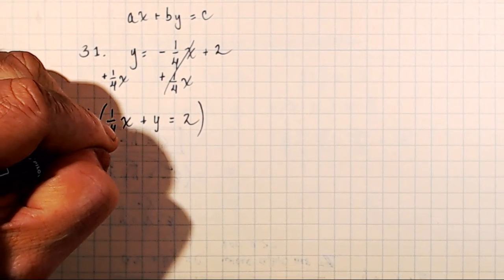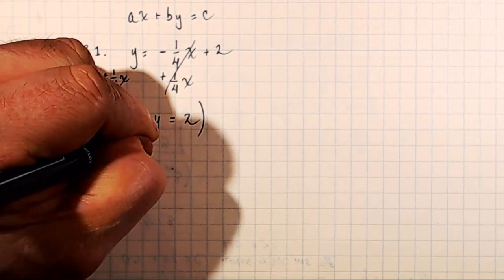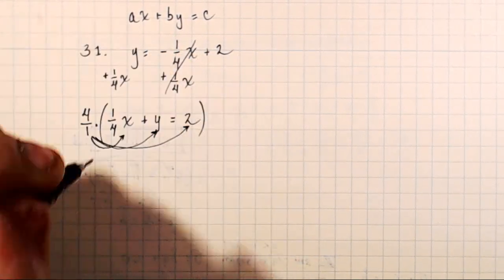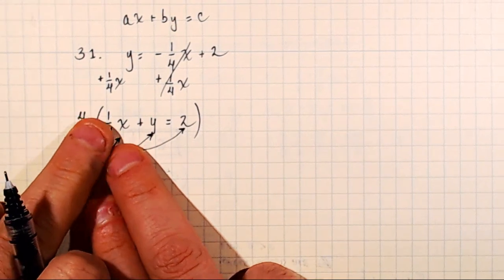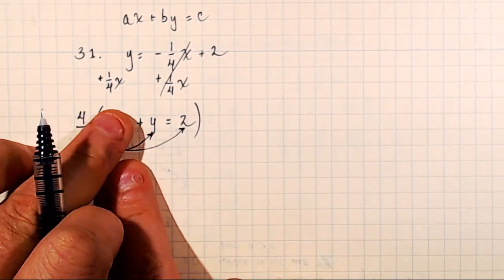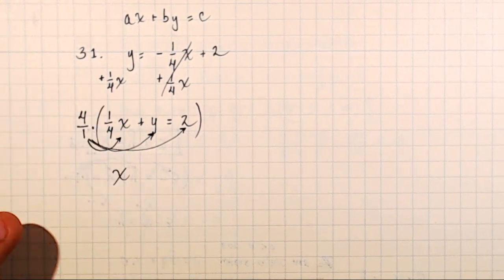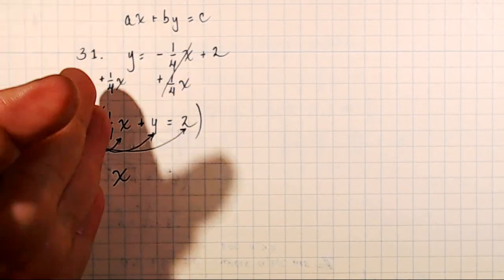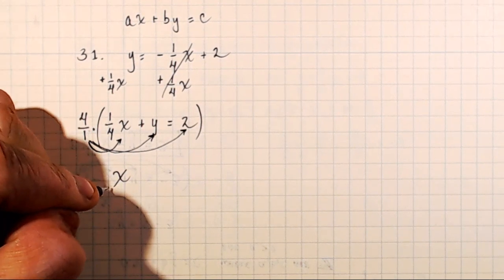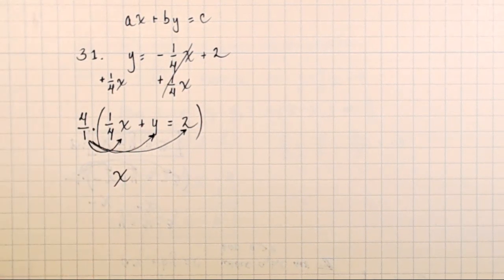So when we do this distribution, you'll see this whole thing disappear for the x term, and we just have x, because 4 times 1 is 4, and 1 times 4 is 4. 4 over 4 cancels down to 1x. We don't write the 1, so we just write x.